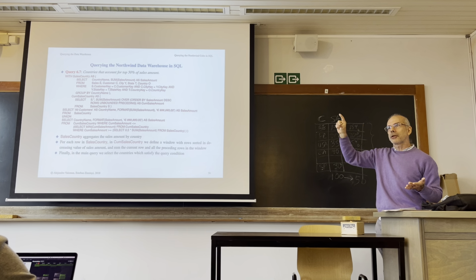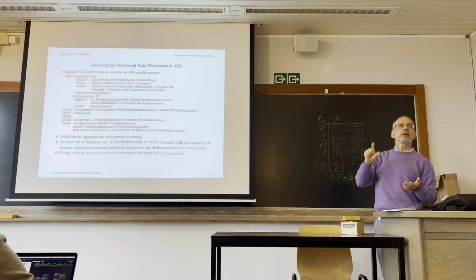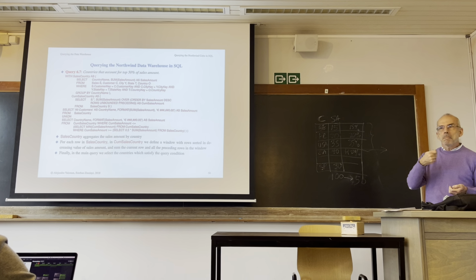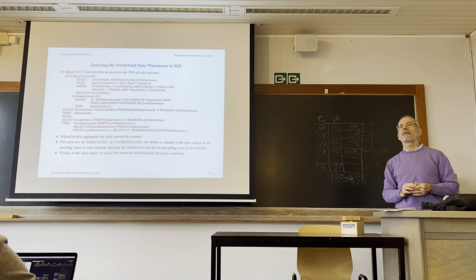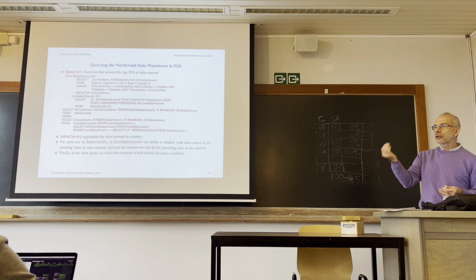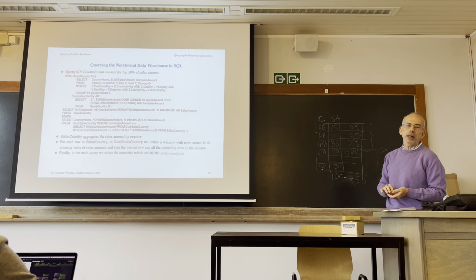So they need to target those 3 or 5% of customers that are really giving a lot of sales or margins to the bank, and then propose to these customers special offers or send publicity or whatever. So this is the kind of business request that we need this kind of query for.